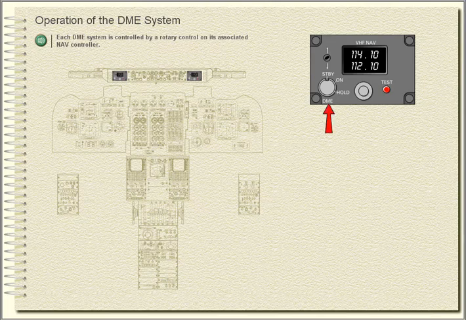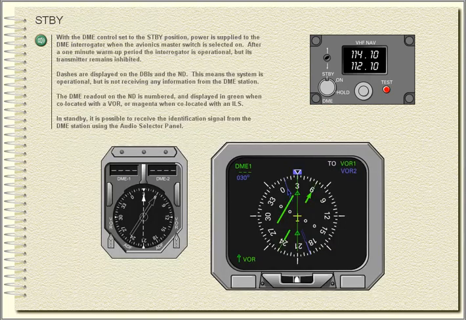Operation of the DME system. Each DME system is controlled by a rotary control on its associated nav controller. Standby. With the DME control set to the standby position, power is supplied to the DME interrogator when the avionics master switch is selected on.